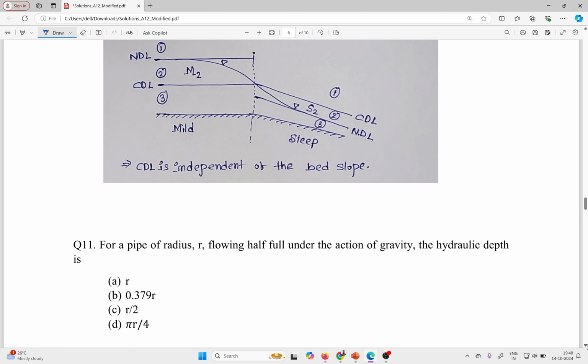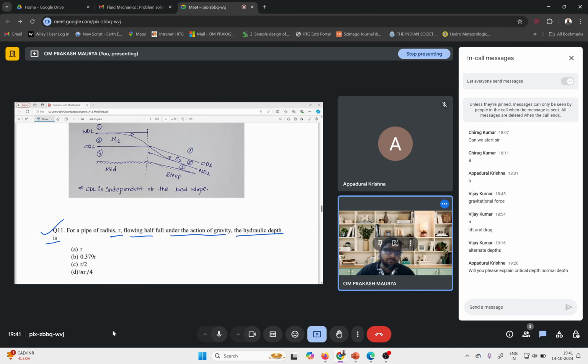Question number 11. For a pipe of radius r flowing half full under the action of gravity, the hydraulic depth is. What is hydraulic depth? If the situation is like that, please try to calculate for question number 11.